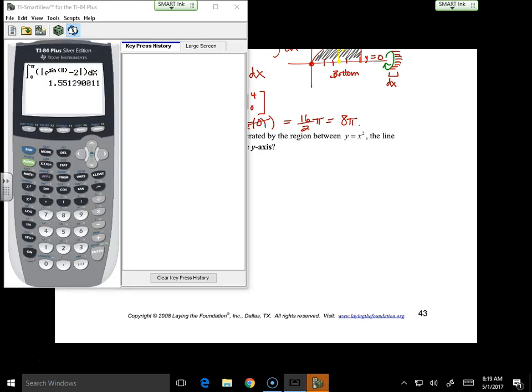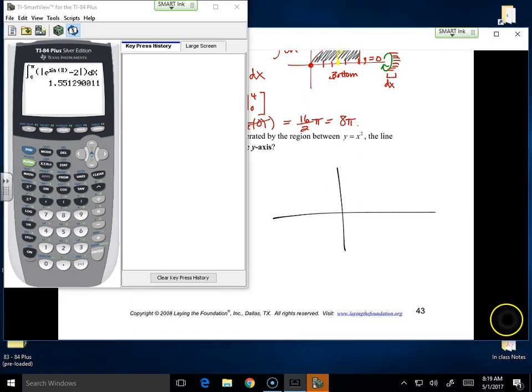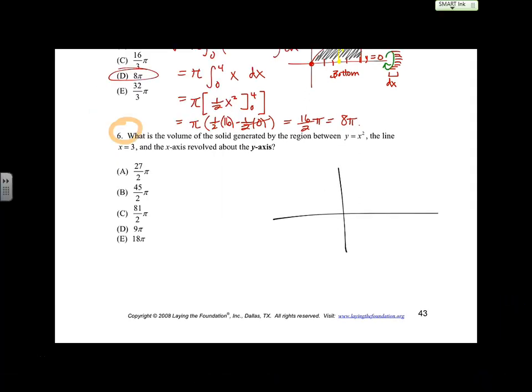Number 6 is a non-graphing calculator, so you have to be able to visualize it, except it's a basic one. You guys know why I have the basic graphs for again? Because the basic curves tend to appear. So we have y equals x squared. The line x equals 3. Hopefully we know that's a tick mark on the x-axis.